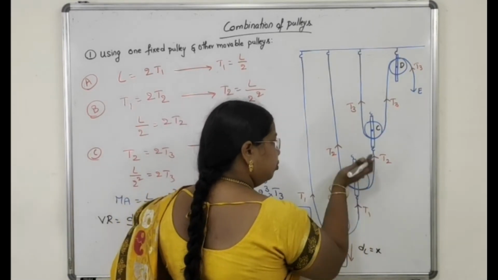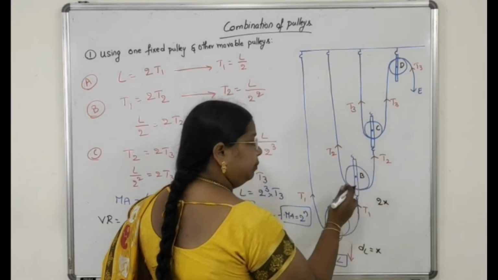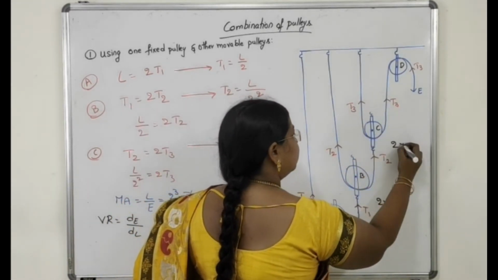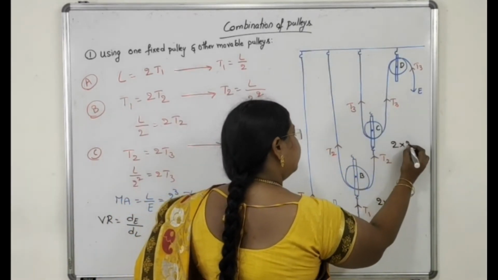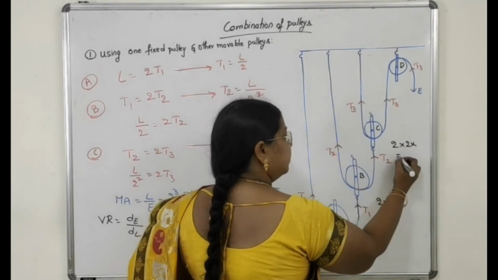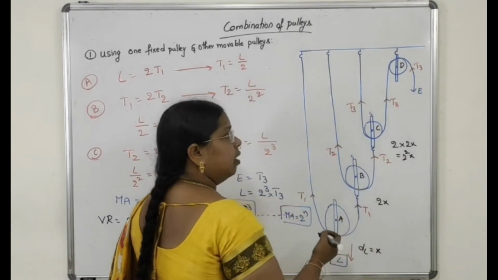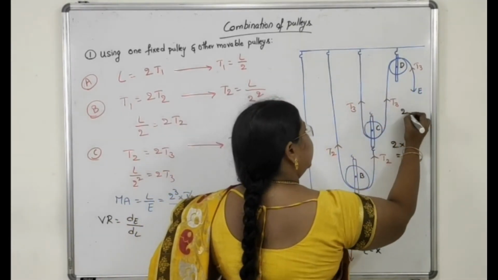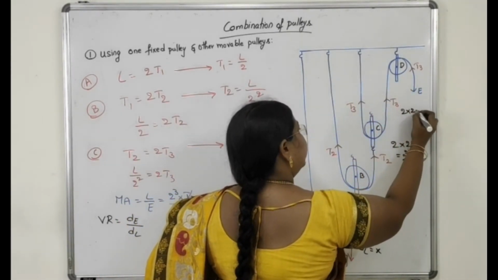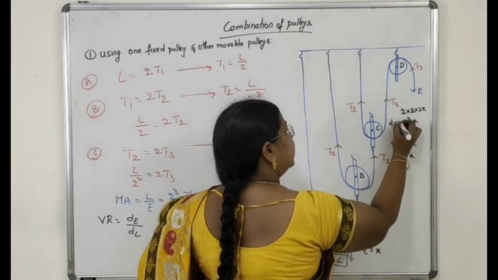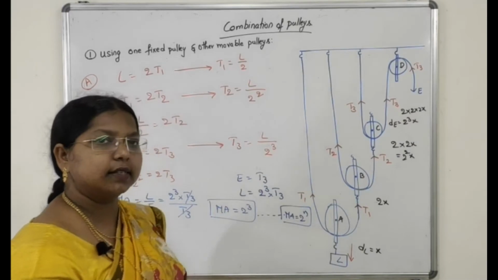Now pulley B will move up a distance of 2x. Pulley C, again supported by two strings, will move 2 into 2x, which is 2 square x. And pulley D will move a distance of 2 into 2 square x, that is equal to 2 cube x.